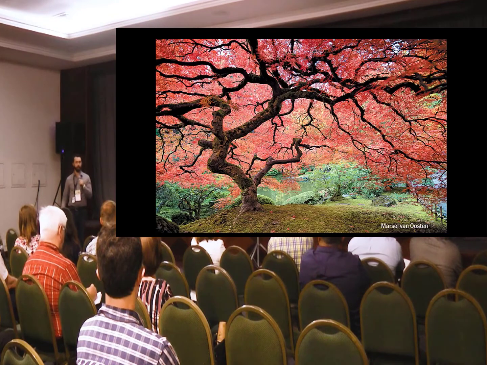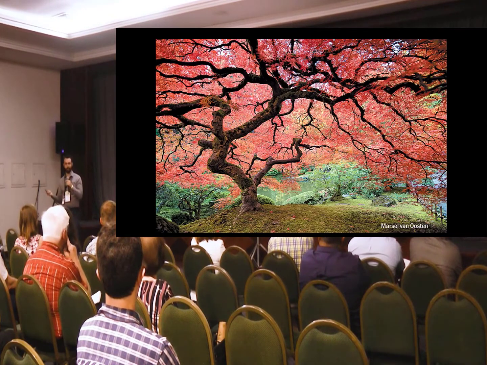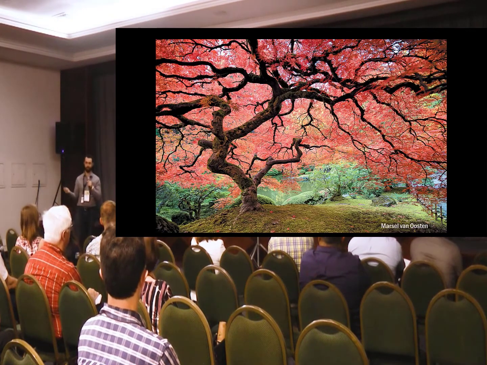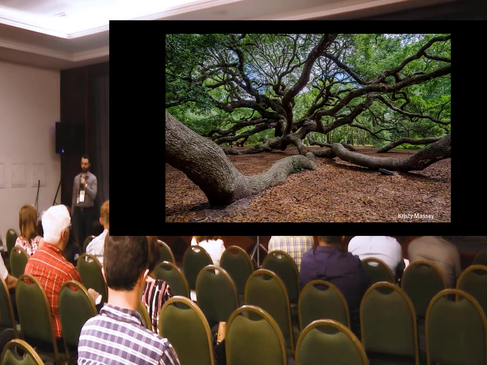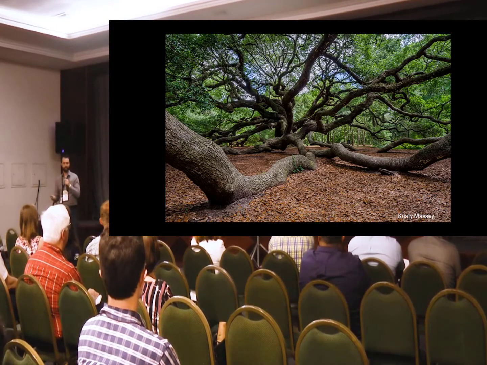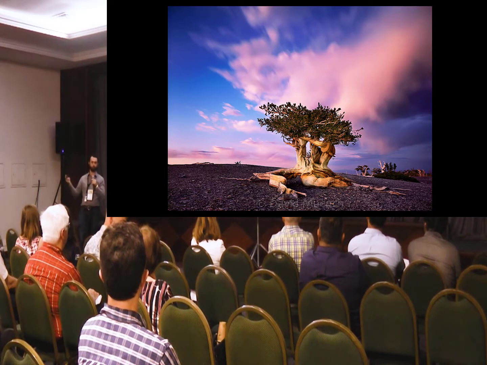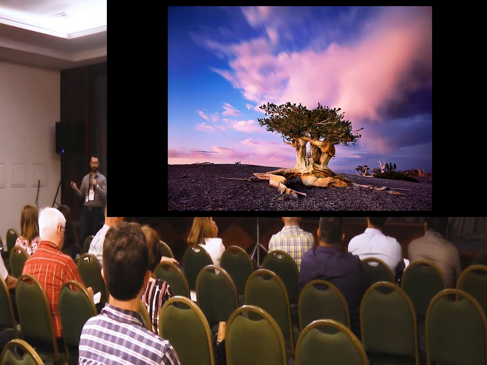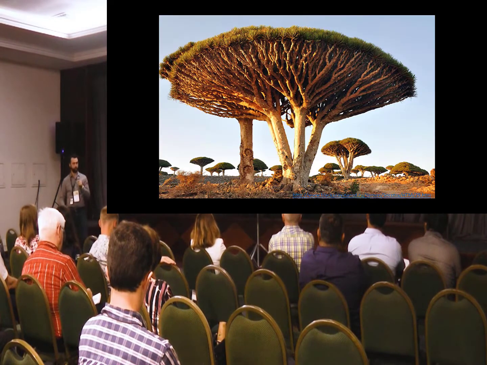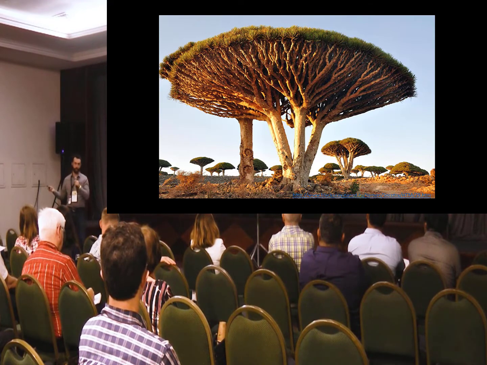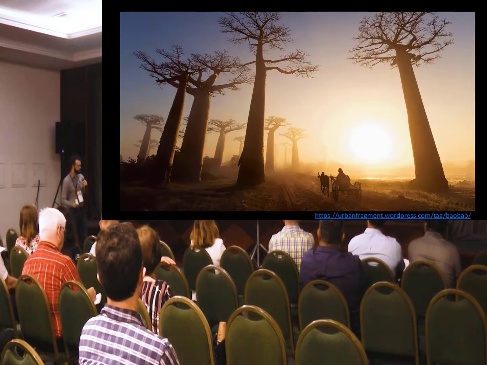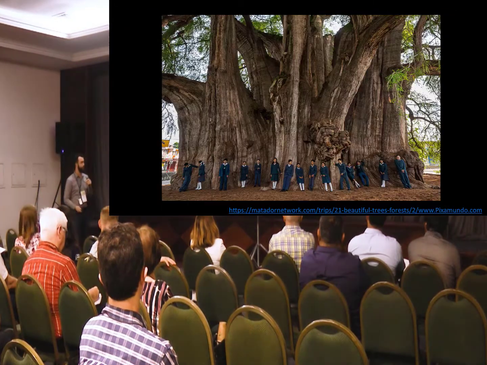So, I just want to start by showing a couple images of the range of different crown architectures that we can find on Earth. Depending on the ecosystem you go to, you see this huge array of different forms of tree crowns, whether it's a fractal-like pattern in the canopy, to a baobab tree, which is just bizarre, or this Montezuma cypress, which has a massive trunk.